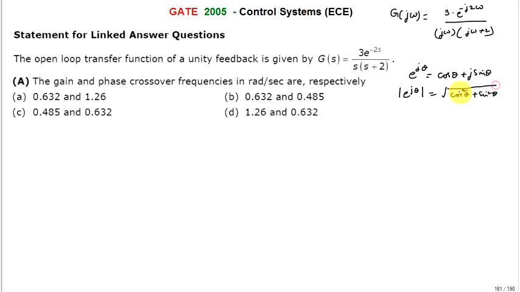We know cos square theta plus sin square theta is always 1, so this is the square root of 1. So the magnitude of e^(j theta) is equal to 1. It may be minus j theta also; then you get cos theta minus j sin theta, and the magnitude is again the square root of a square plus b square, whether it is a plus jb or a minus jb.